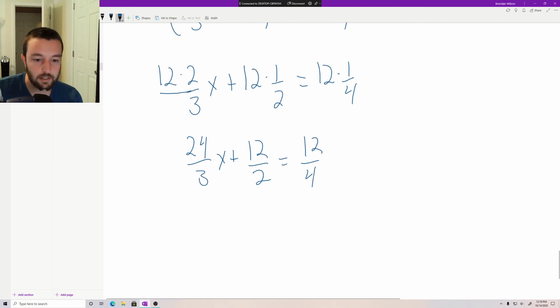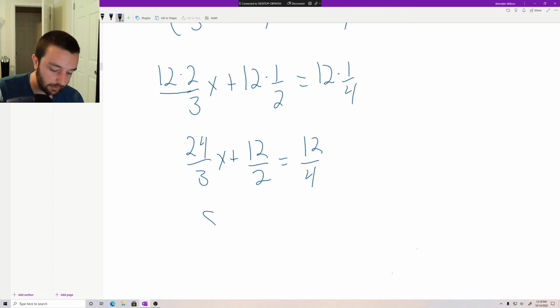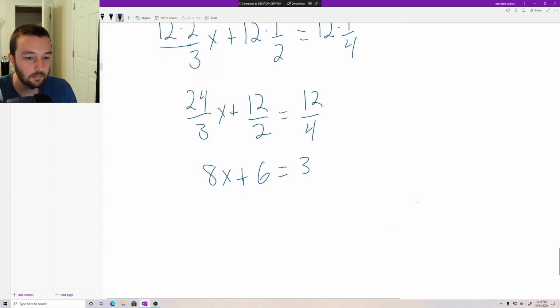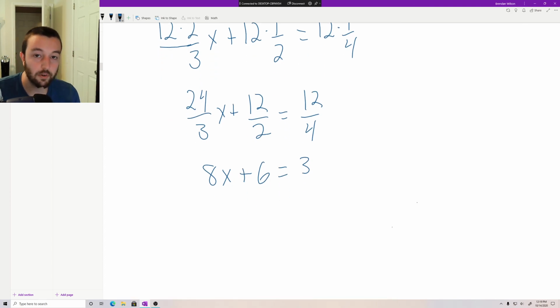But all of these divide evenly, right? 24 divided by 3 is 8. 12 divided by 2 is 6. 12 divided by 4 is 3. So this simplifies nicely into a problem where we don't have any fractions. So there's no adding two fractions with different denominators or anything like that. It just works. We work it back into a problem with just whole numbers.